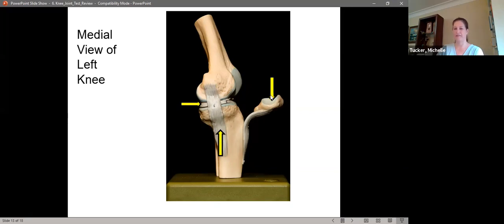Yep. Coming down from the patella, we do have that patellar ligament that ends at the tibial tuberosity here. This is that tibial collateral ligament. And since we know the tibia is on the medial side, and then we see medial view, this is what structure? The medial meniscus. Yep.